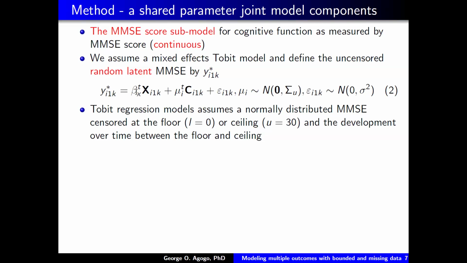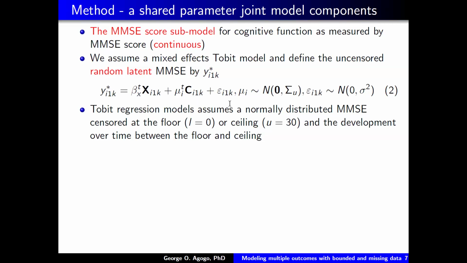The second component captures the latent, what is not observed. The mu here are the latent effects, or random effects, and the C vector is the design matrix of those latent effects. The last component is the random error term.